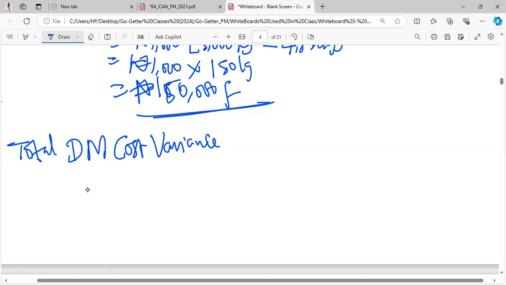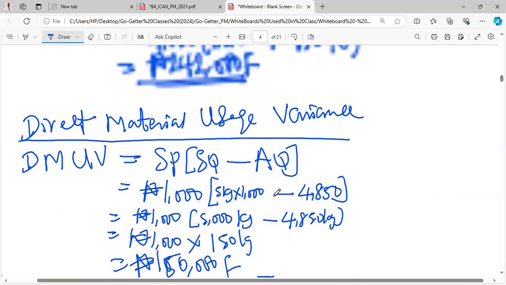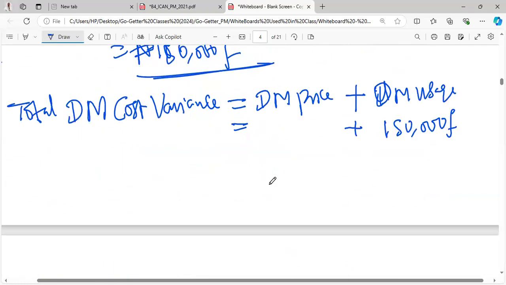So direct material total cost variance is equal to direct material price variance plus direct material usage variance. So the usage variance, of course, here is 150 F. Then the other one here, we have 242.